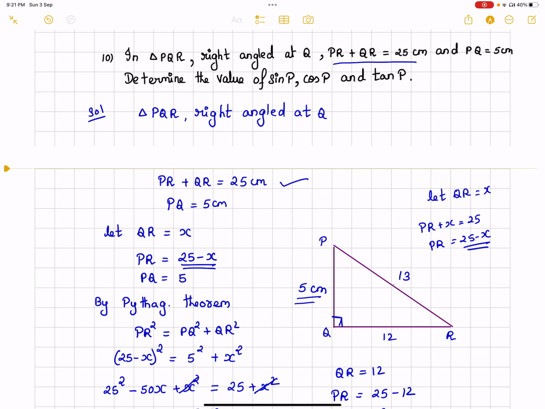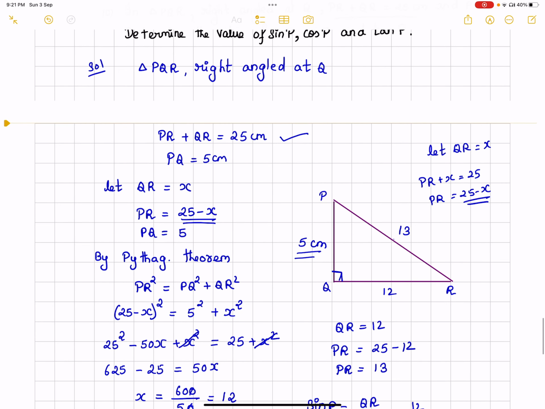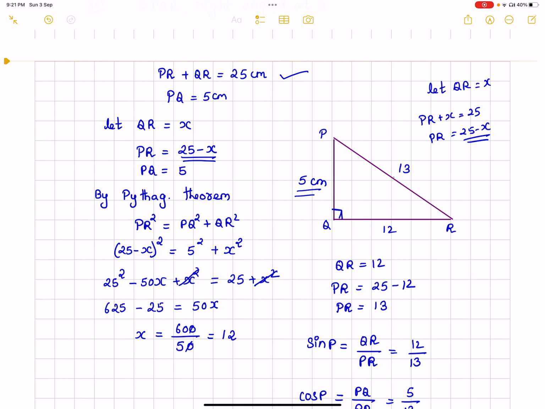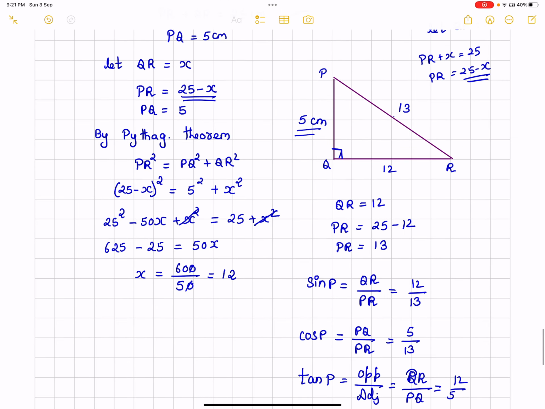Considering 25 minus x as hypotenuse, using Pythagoras theorem, we solved and found the x value with normal algebra. After finding x, I got QR and PR, and then found the sin, cos, and tan ratios.